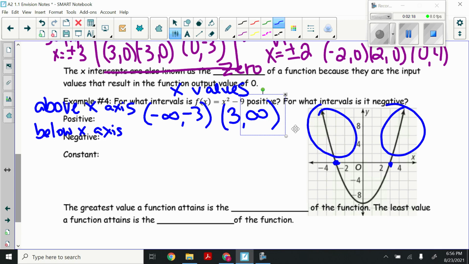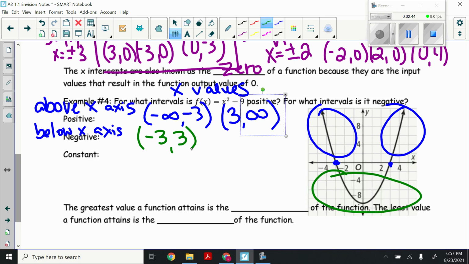So now where is it negative? Where is it below the x-axis? All of this is below the x-axis. From -3 to 3, it's below the x-axis. But again, at -3 it's 0, and at +3 it's 0. 0 is neither positive or negative. So negative is going to be -3 to 3, both in parentheses.